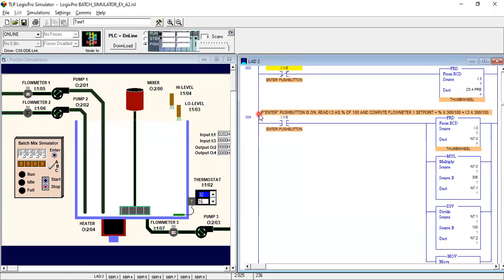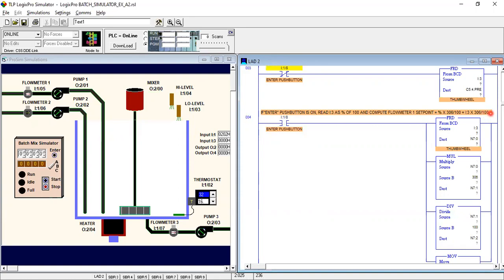In the next rung we have: if enter push button is on, read input I:3 as percentage of 100 and compute flow meter one set point equal to percentage multiply 306 divide 100, equal to I:3 times 306 divided by 100.